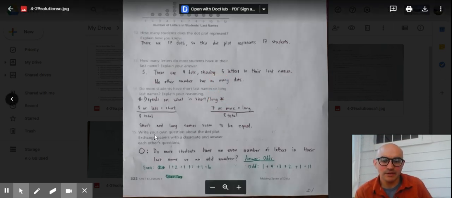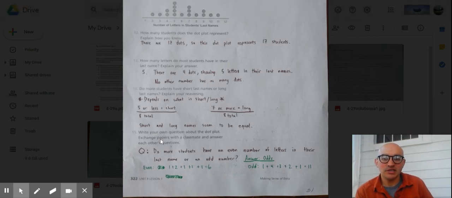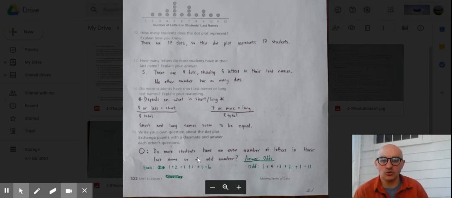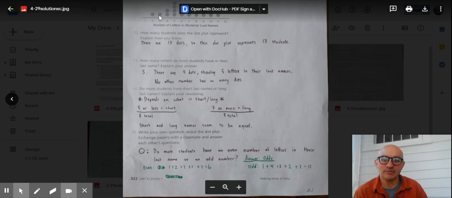And then number 15 is going to ask us to use this dot plot to create our own question. This is also one of those questions, as you should be familiar by now, where answers can vary when you're coming up with your own question. I chose to ask, do more students have an even number of letters in their last name or an odd number? The way I figure that out is I start counting up the evens.